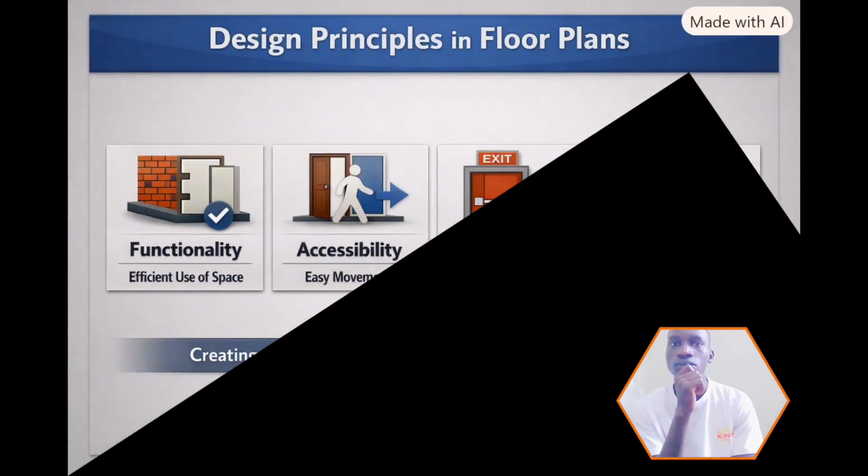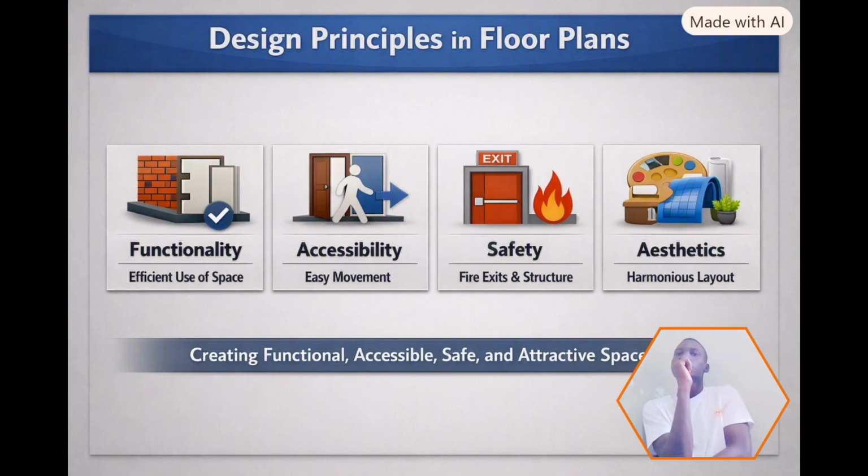Moving on to the next, we are going to be looking at the design principles in floor plans, principles that must guide an architect or an engineer when he's carrying out his work. Functionality, efficient use of space: when these plans are being designed, before the building is set up, the plan must be functional, must suit a human standard of living. So next thing is accessibility, easy movement and enough space.